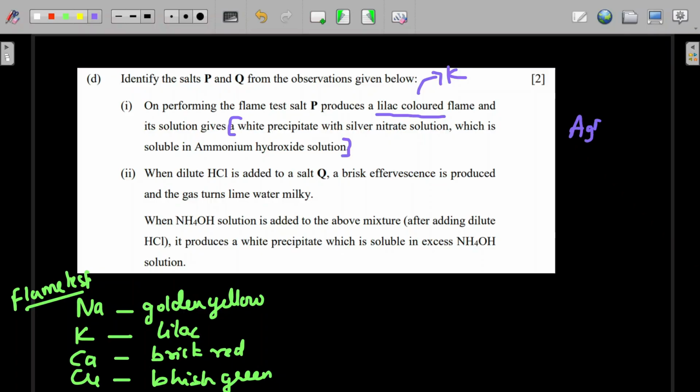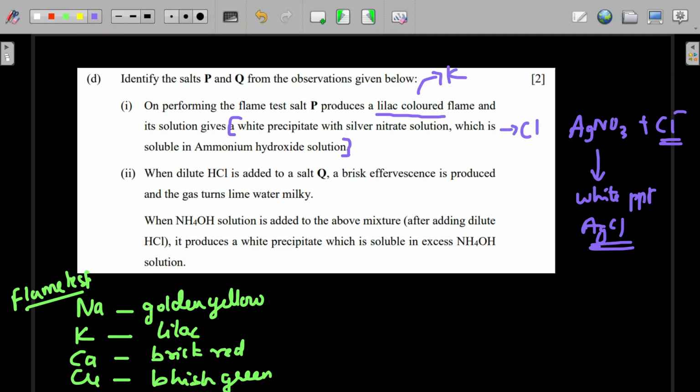Silver nitrate is there, and you are getting a white precipitate. Which anion? Chloride, because the white precipitate of silver is AgCl, which is soluble in excess of ammonium hydroxide. So this is Cl.